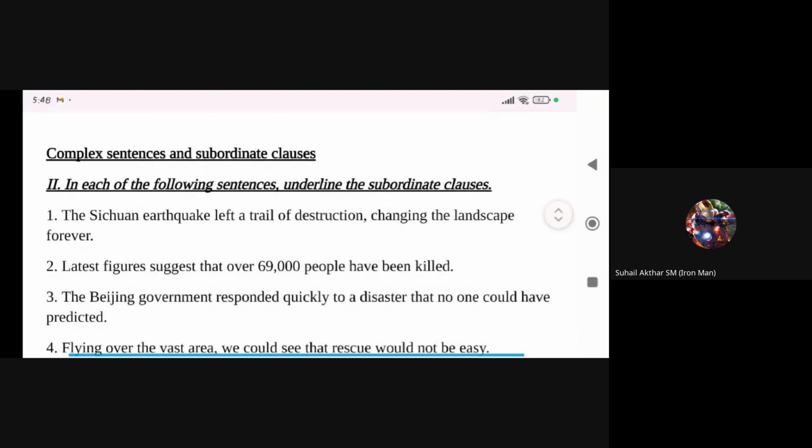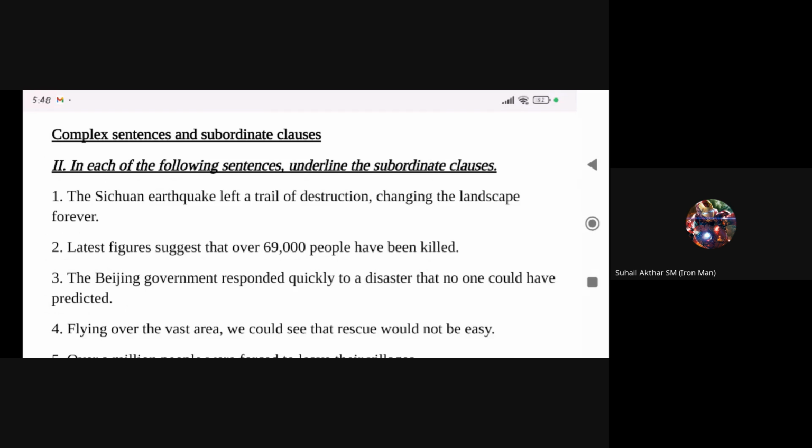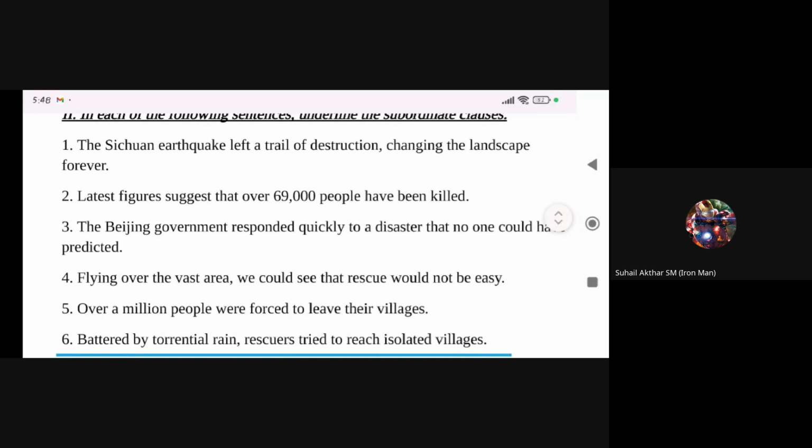Okay, so moving on, we'll go to complex sentences and subordinate clauses again. In each of the following sentences, underline the subordinate clauses. Same thing, we are going to pick out the subordinate clause from the given sentences. First one: the Sichuan earthquake left a trail of destruction, changing the landscape forever.